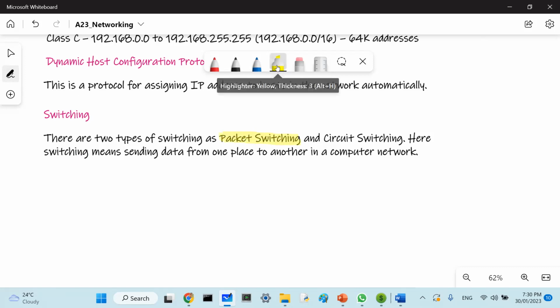The other one is traditional circuit-based switching. Traditionally, this is the technique that we have used. So you have a choice between packet switching and circuit switching. I will give you time to take down, but let's first look at some videos.